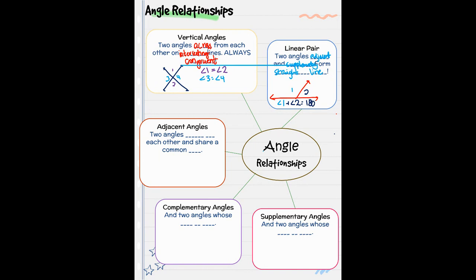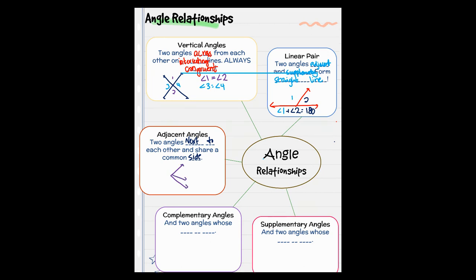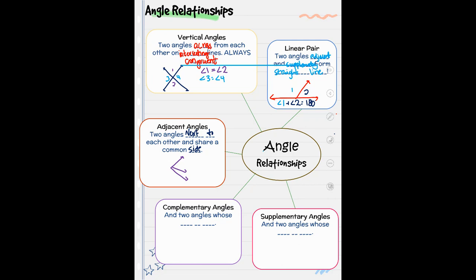Okay, our adjacent angles are just ones that are next to each other and share a common side. So our example is like our linear pair or some angles that look like that. And there would be one here and 2 here.